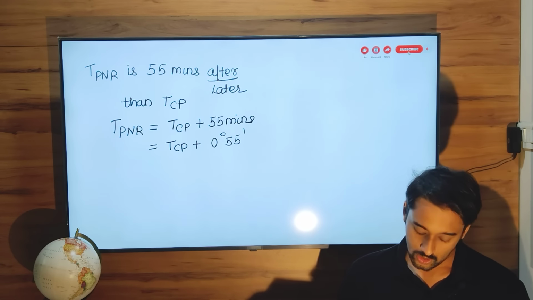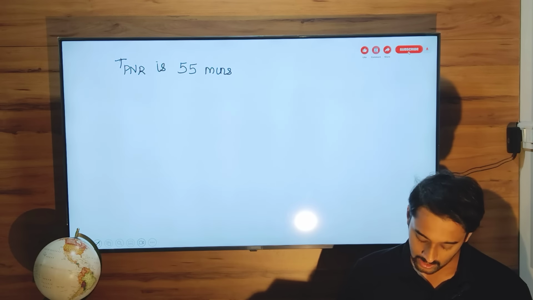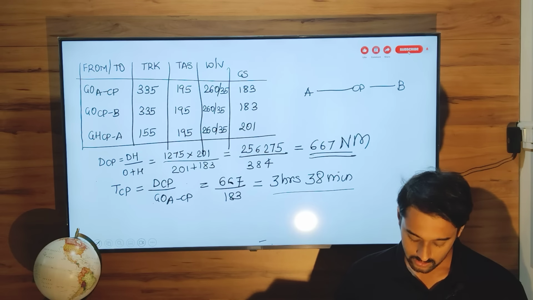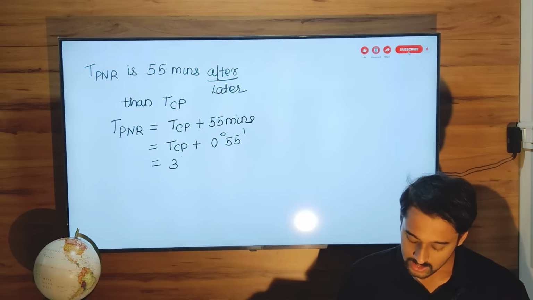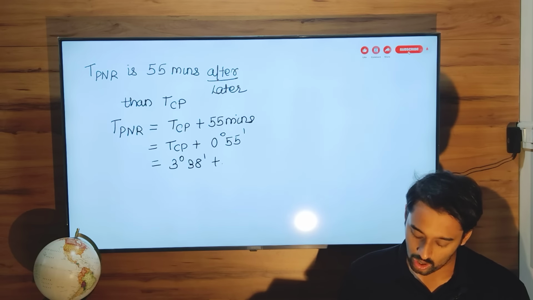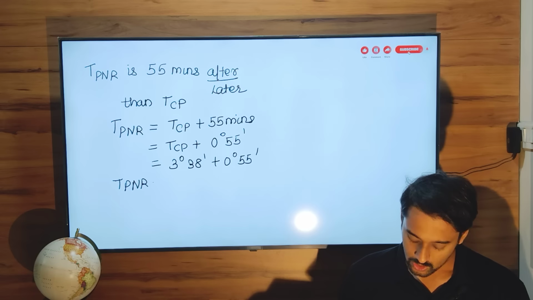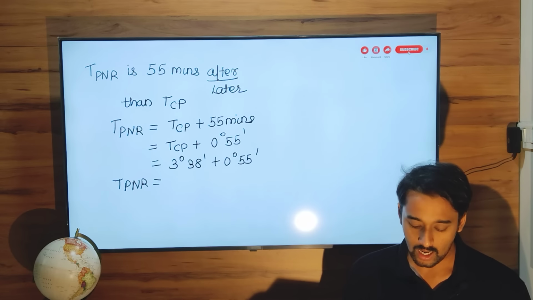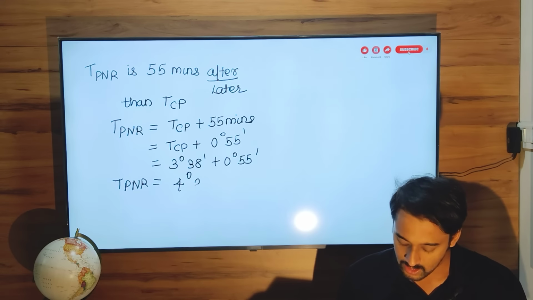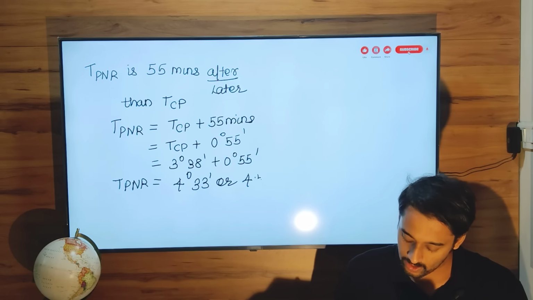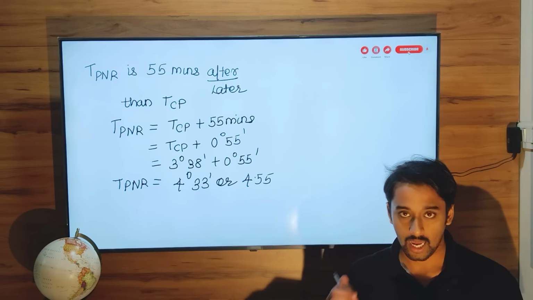What is time to critical point? We are taking 3 hours 38 minutes. 3 hours 38 minutes plus 0 hour 55 minutes is equal to time to PNR. So time to PNR will be 4 hours 33 minutes, or 4.55. That is your time to PNR.